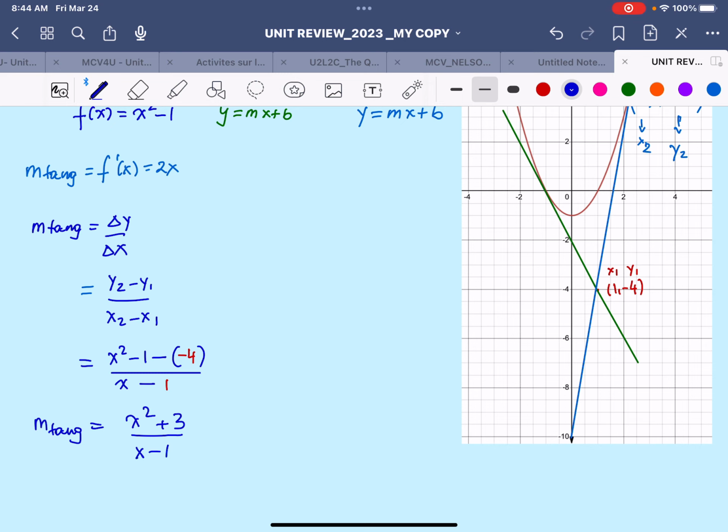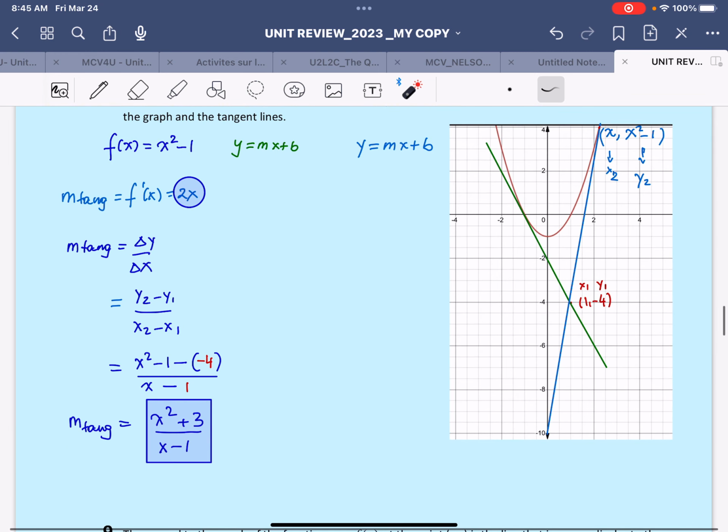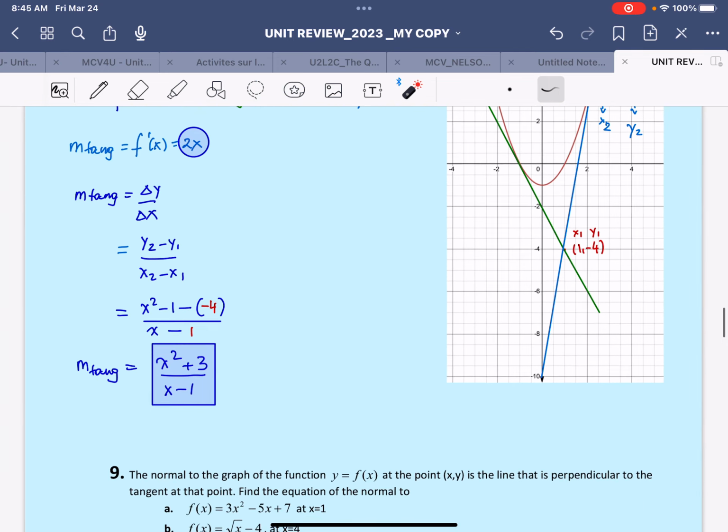Now remember that 2x will represent the slope of the tangent at any point on the parabola, and x squared plus 3 over x minus 1 will represent the slope of the tangent drawn from the point (1, -4) onto the parabola. Because we are talking about the same tangent lines, these two slopes must be equal in value.